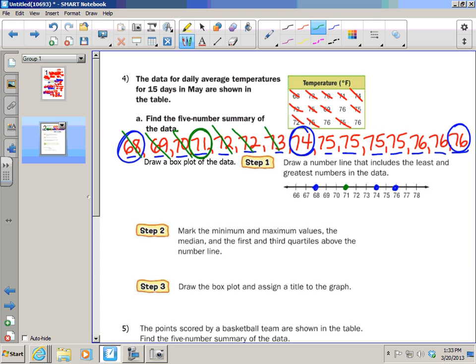And then I go to the upper half to find the third quartile, the upper quartile. And I'm at 75, green dot at 75. So now I can draw my box and whisker plot. Here's my whiskers, and the box is going to go in the middle data here with the median here, and then I draw a whisker out like that. That is a box and whisker plot.